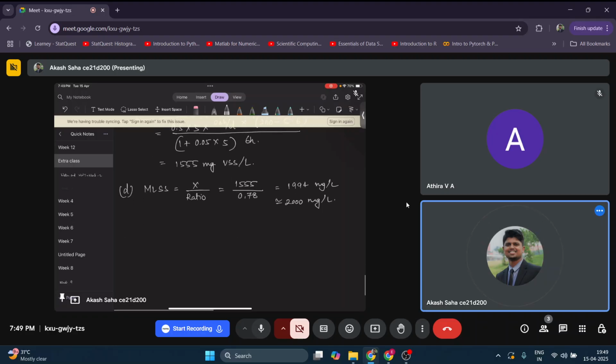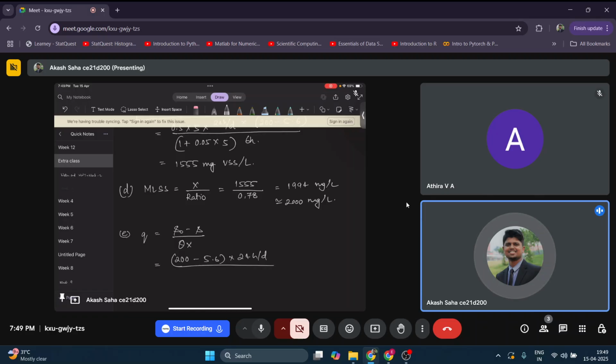Okay, and then the specific substrate utilization rate. That is nothing but q, which is S naught minus S divided by theta X. So S naught is 200 minus 5.6, into 24 hours per day.